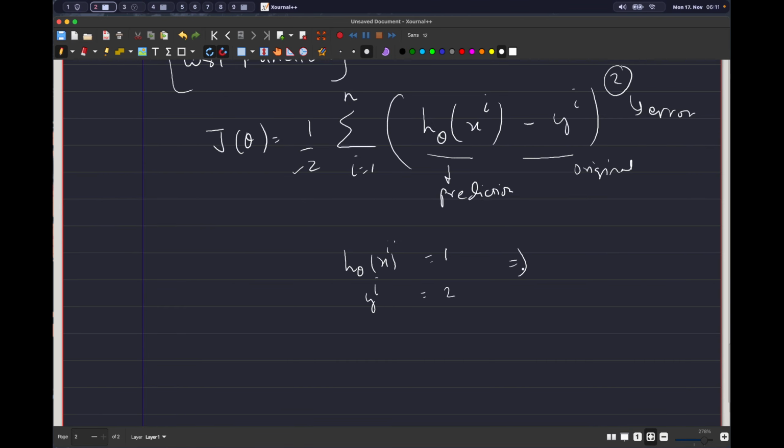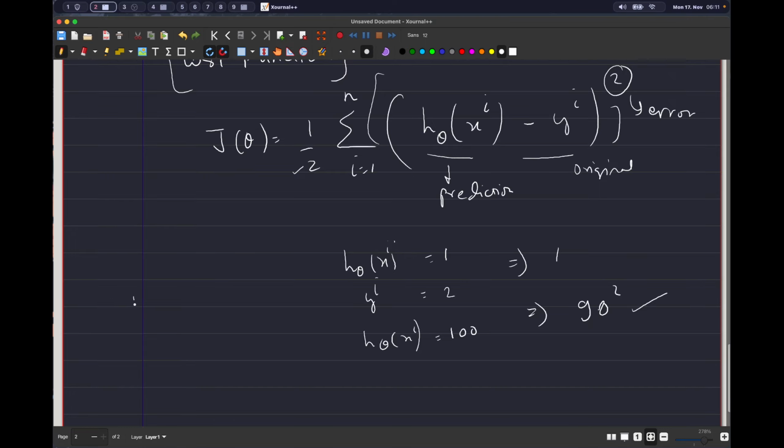So the square term will come out to be 1. But suppose h theta x i is 100 now, right? Now the error term will come out to be 98 square, which will be huge. So this design of cost function penalizes very far away errors.